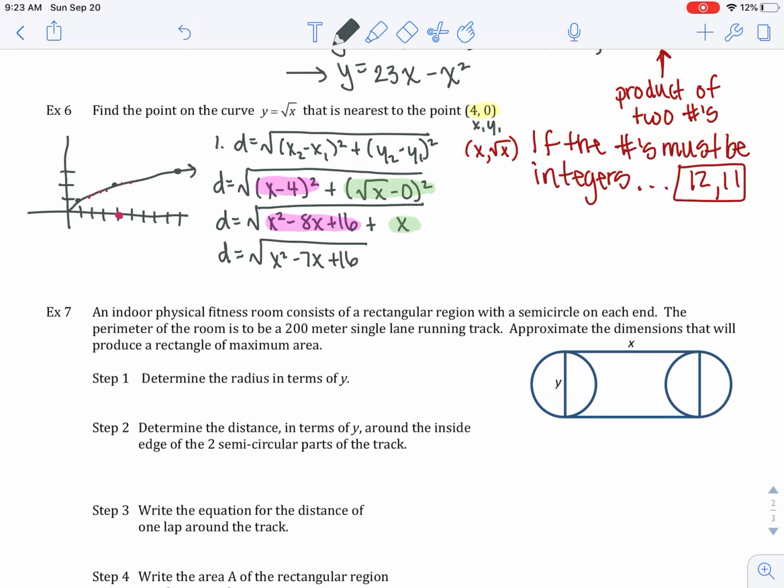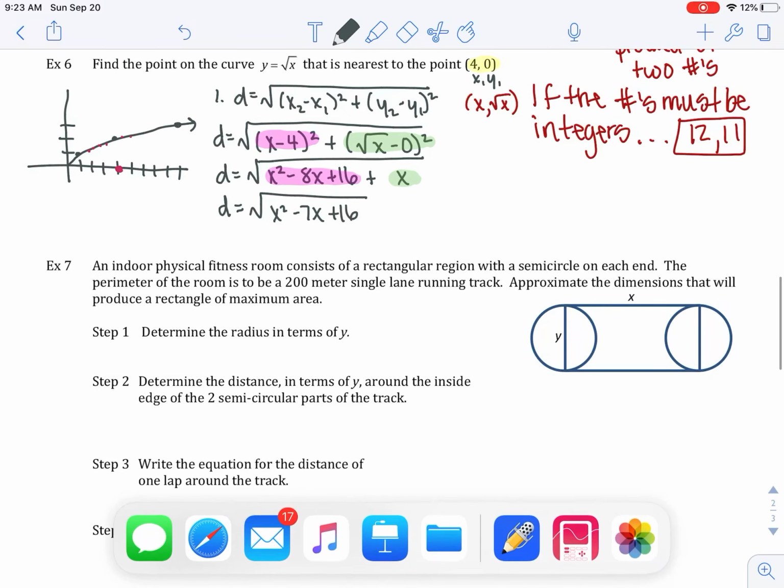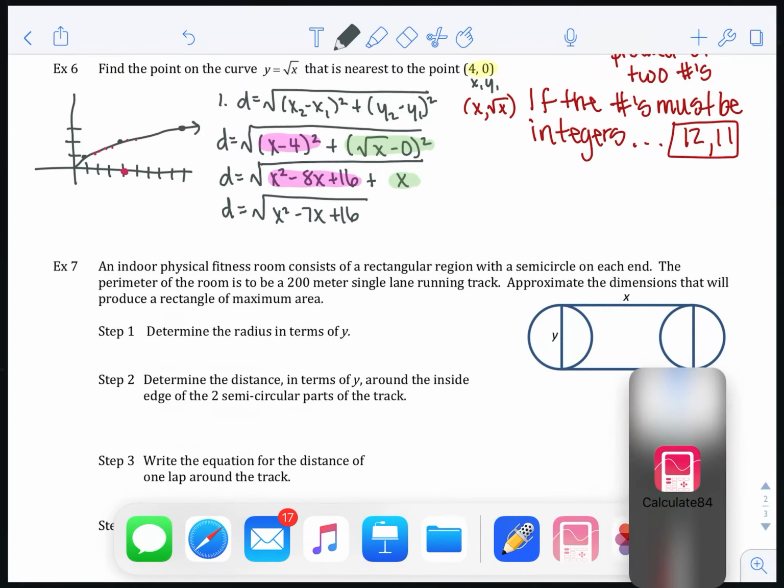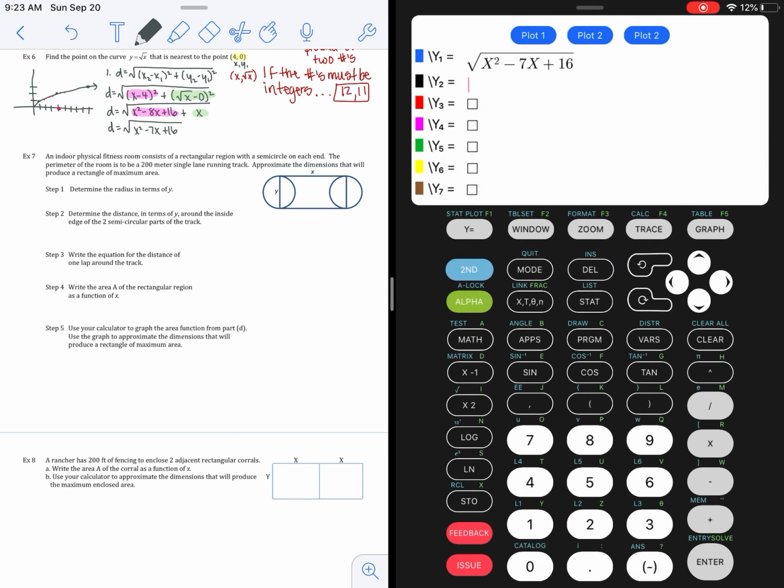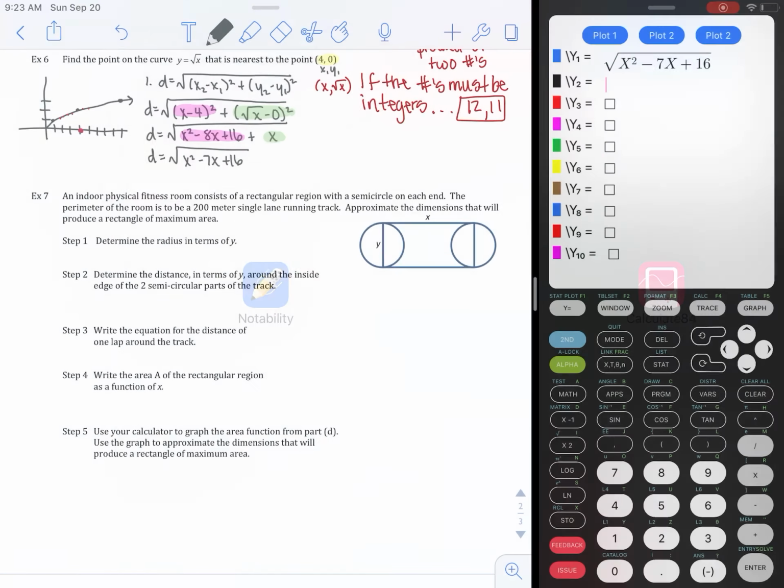Alright, you are then going to be required to plug this into your calculator, okay? So this is what we're going to graph. Give you some time, plug that guy in. Make sure you are doing this right. Okay, so the instructions while you're typing this into your calculator were to find the nearest point, aka this should be the minimum, right?